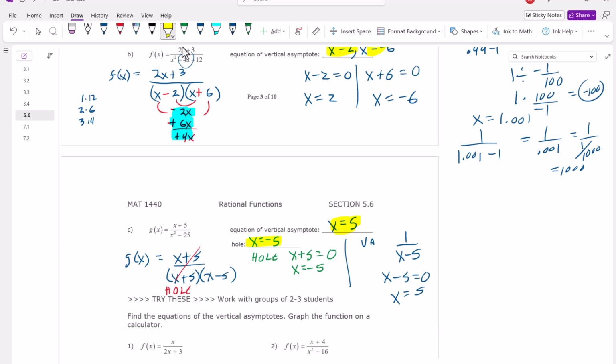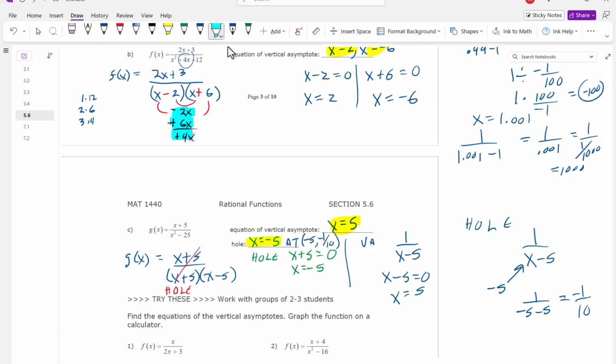So another thing you can do on your hole is take the 1 over x minus 5 and plug in the value of that hole, negative 5. You get 1 over negative 5 minus 5, so you really get negative 1/10. So this hole happens at the point negative 5, negative 1/10. You just sort of have a hole in the graph.